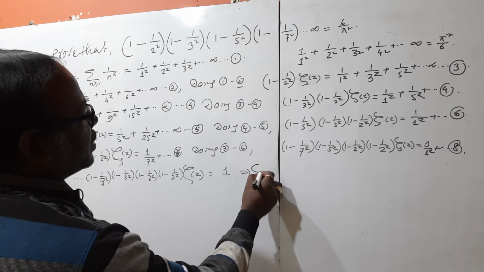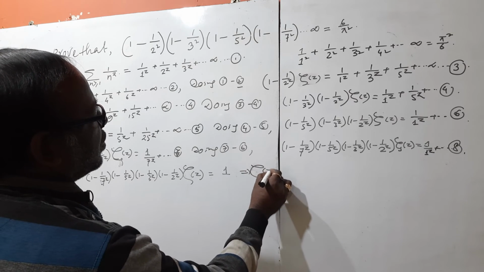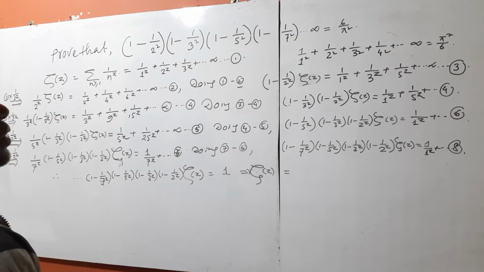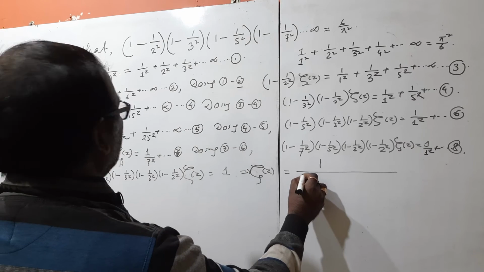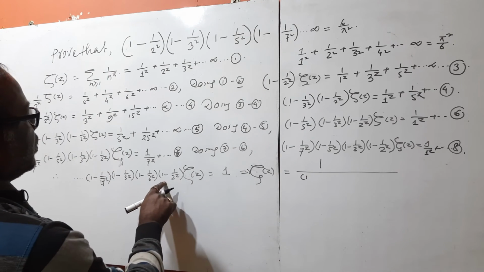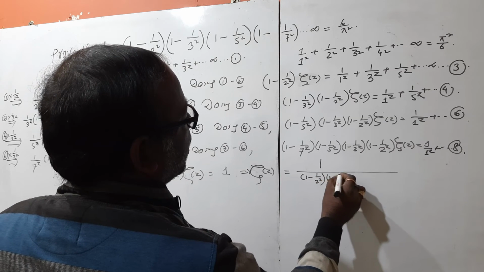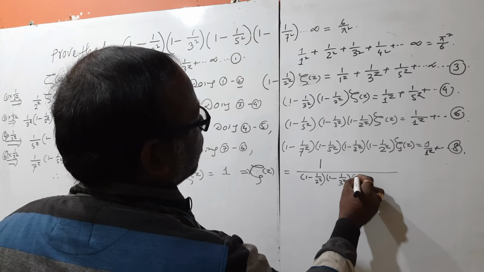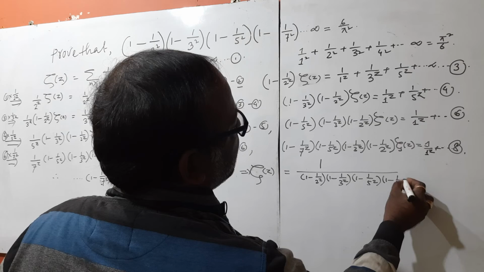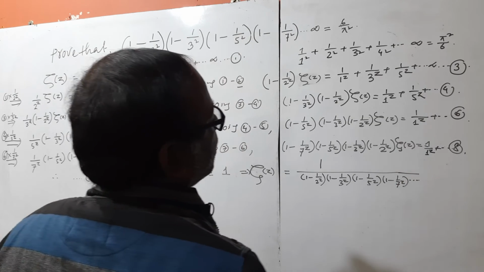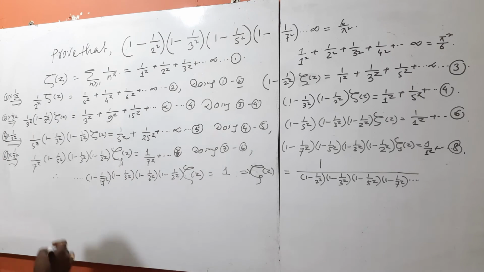So the Riemann zeta function in this case is equal to 1 over 1 minus 1 over 2 to the power z, and 1 minus 1 over 3 to the power z, and 1 minus 1 over 5 to the power z, and 1 minus 1 over 7 to the power z, and dotted to infinity. Okay, so now put here 2.